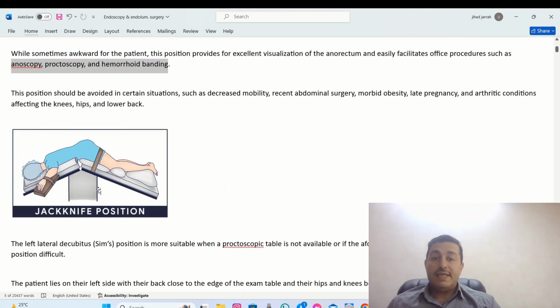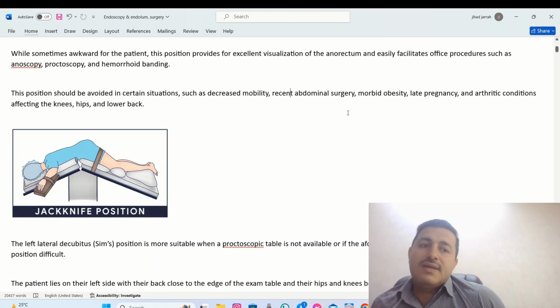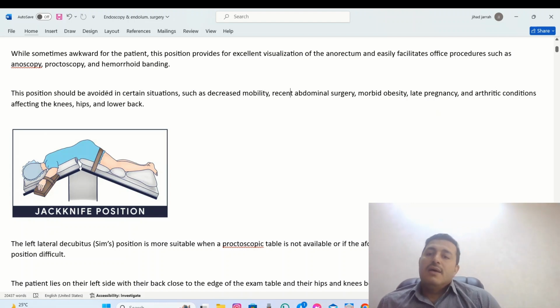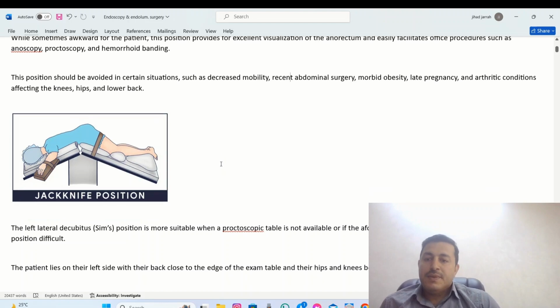There are also some relative contraindications, such as decreased mobility, recent abdominal surgery, morbid obesity, late pregnancy, and some arthritic conditions that affect the knee, hip, and lower back, which make the jackknife position harder.